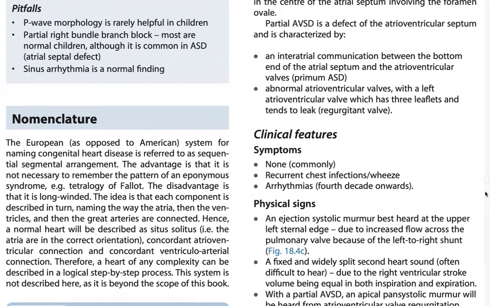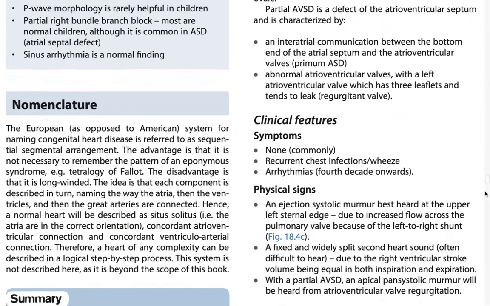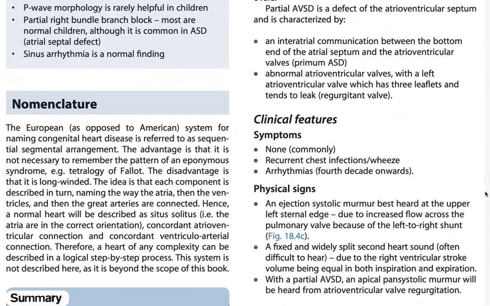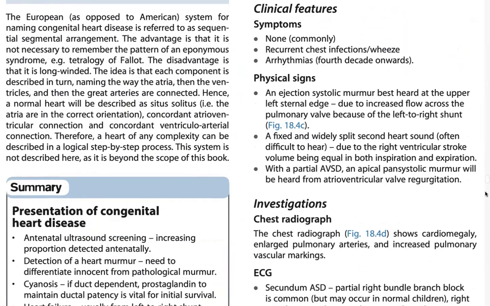And the idea is that each company is solving term, meaning the build and then the explores, and then the data is connected. Hence, phenomenal hardware use psychosologist is API with correct communication, encoding 1890 connection, and concordant configuration connection. Therefore, hard of ways to treat can be described in logical step-by-step process. This is not so that is in the display.